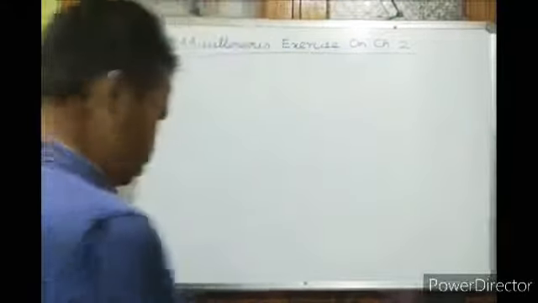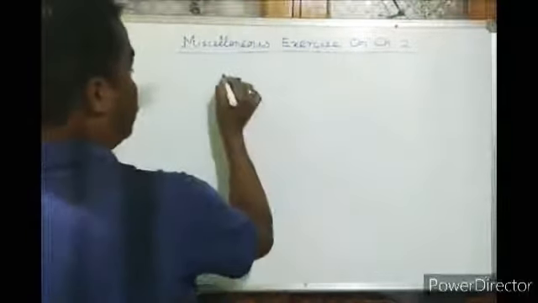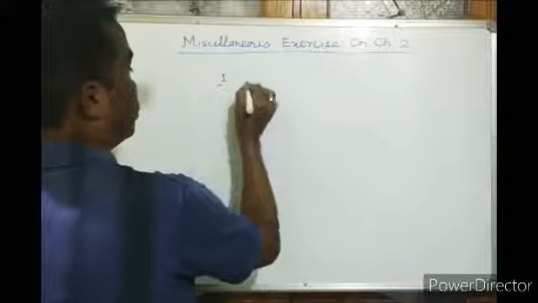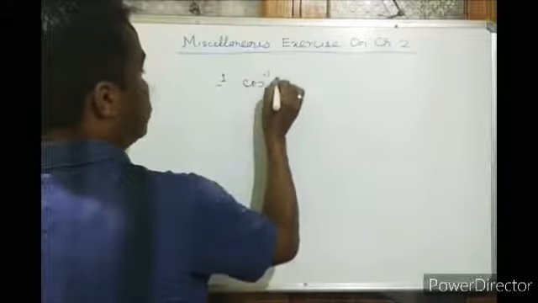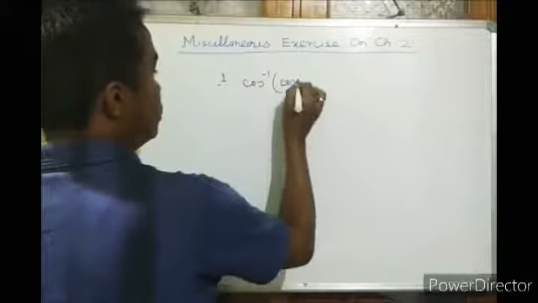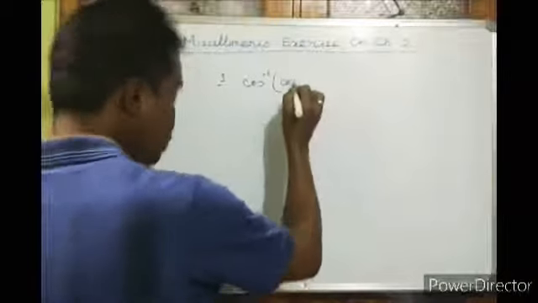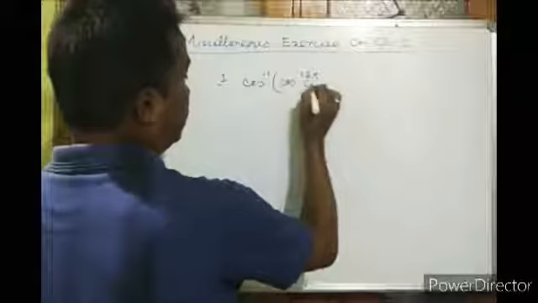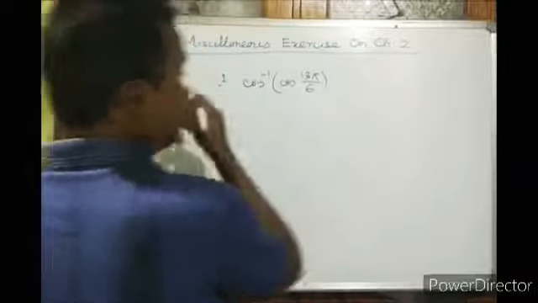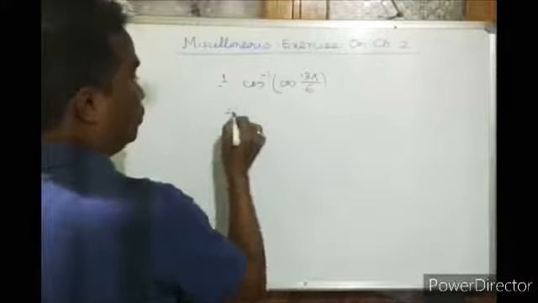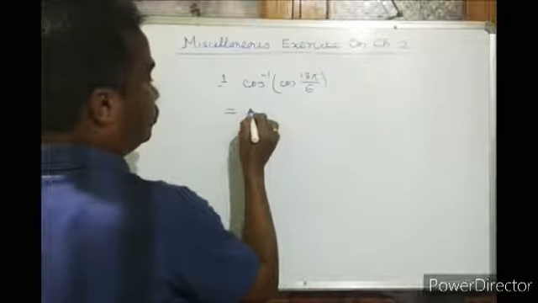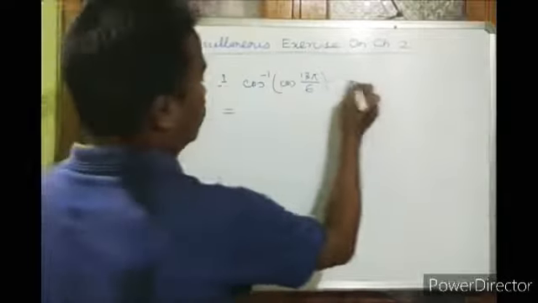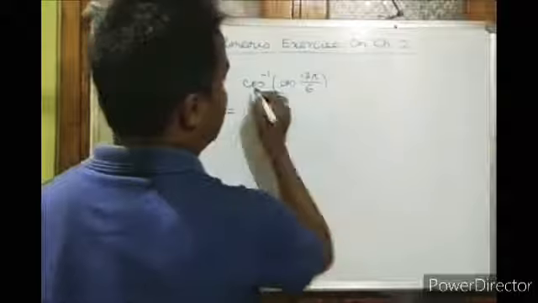The first question, number 1, is cos inverse cos of 13 pi by 6. So this is equal to, as per rule, cos inverse cos theta.